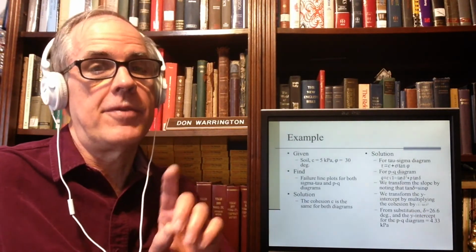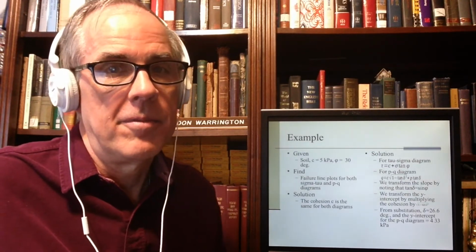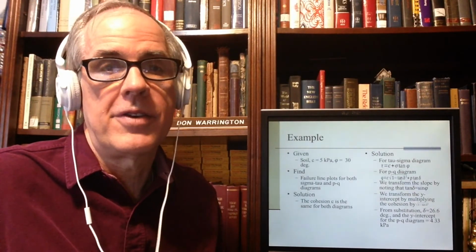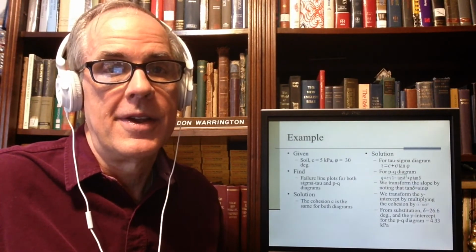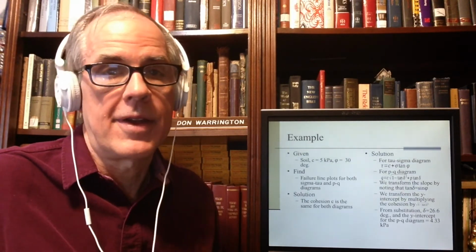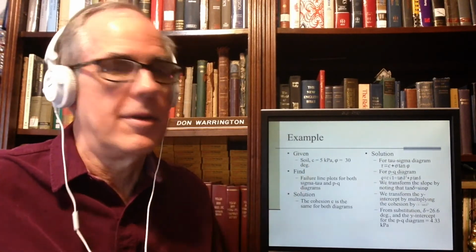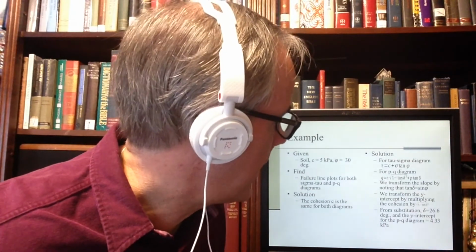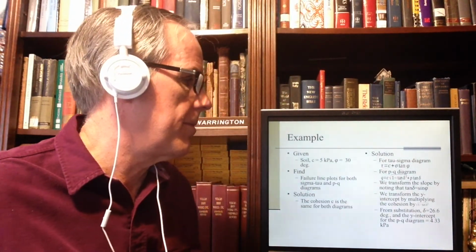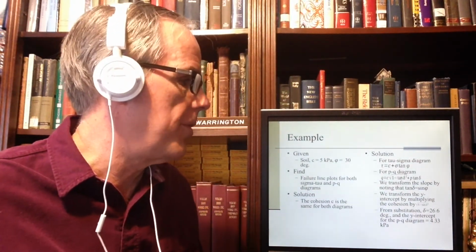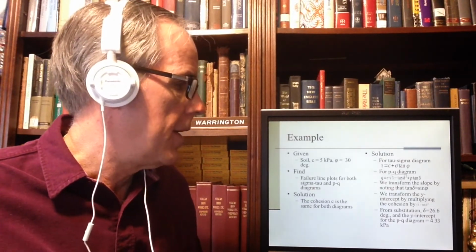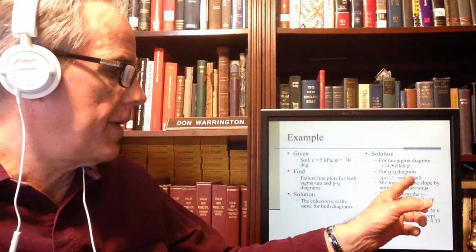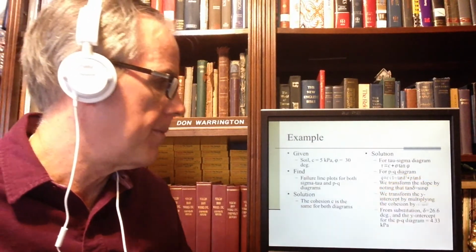And don't forget, if you're doing this in a spreadsheet, be advised that spreadsheets do their angles in radians. I've had all kinds of, never mind. Then that's the first thing, you transform the slope. If you compute the delta, then you take the tangent of delta and you've got the slope.